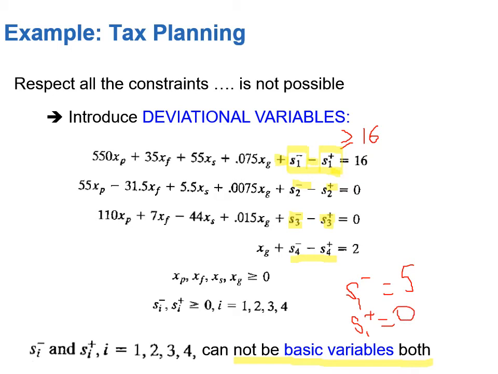So you will not have a solution in which, for example, S1 minus equals, let's say, 5 and S1 plus equals 7. Both of them positive at the same time. It's not possible. Both of them should be greater than or equal to 0, so they cannot take negative values, and they will not take positive values at the same time. Okay, this is an observation.